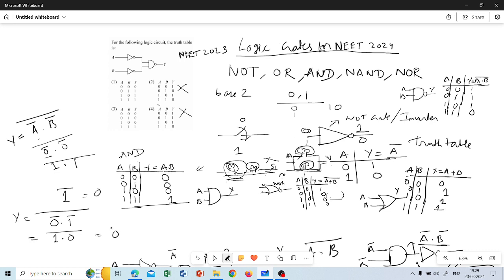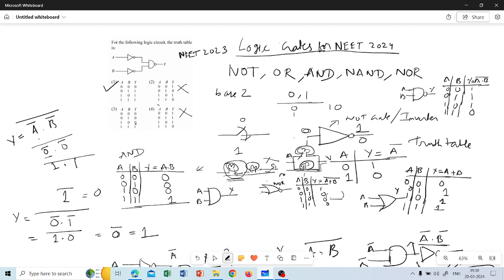Then if I take the complement, when 0 is passed through a NOT gate I get the output as 1. Since in option 3 the output is 0, it is not correct. So option 1 is the correct answer.